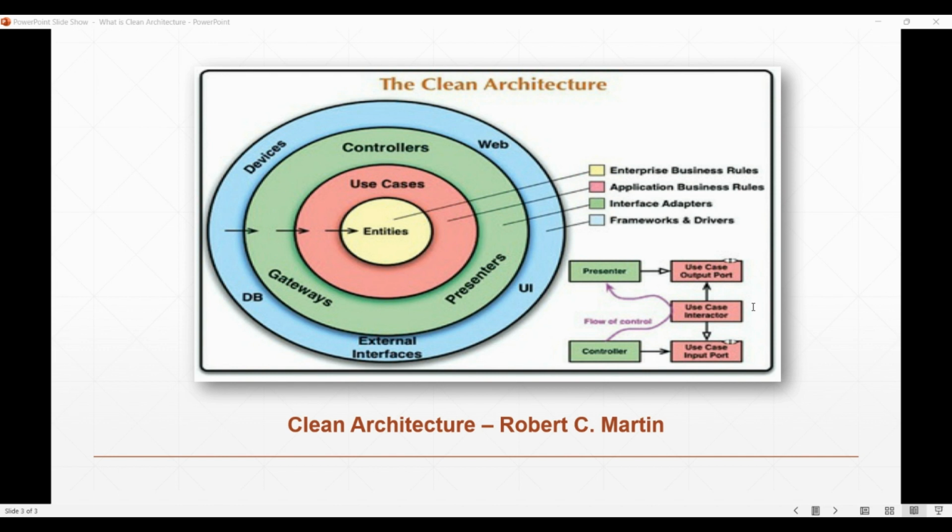Then we have the interface adapters. This layer contains the code that adapts the data from the infrastructure to the use cases and vice versa. It contains the code for UI, external systems, and databases, and it should not contain the business logic. And then we have the infrastructure layer.